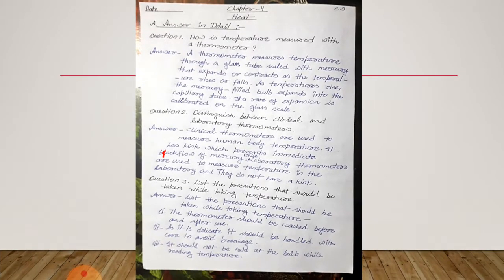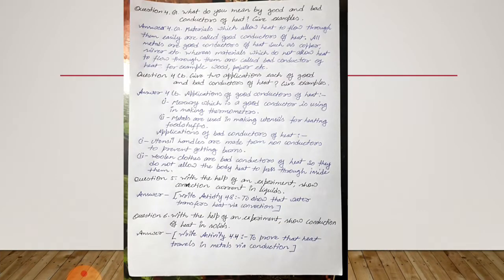Now second page, question number 4. Part A of question number 4. What do you mean by good and bad conductors of heat? Give examples. So its answer: materials which allow heat to flow through them easily are called good conductors of heat.